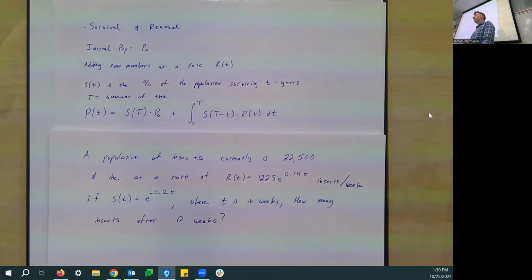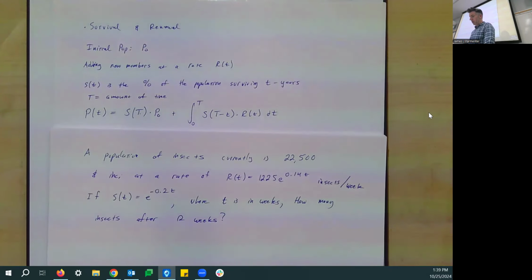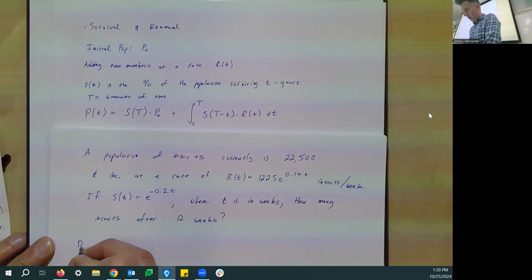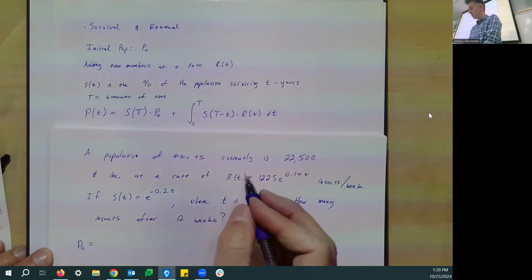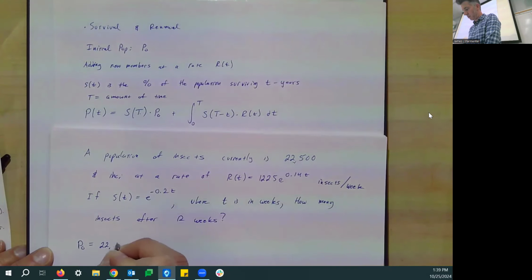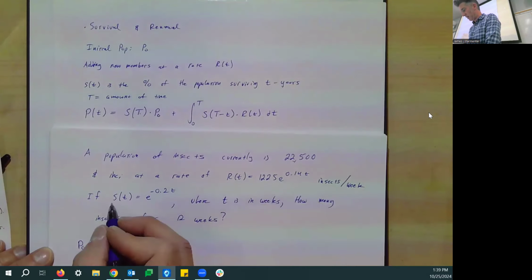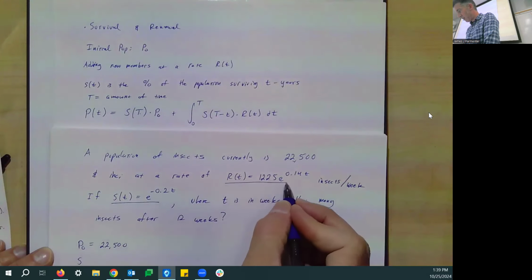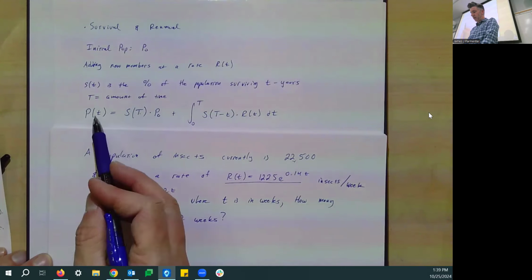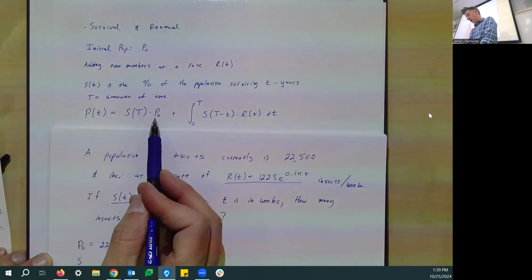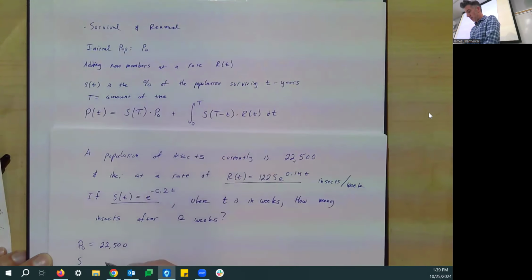So the first thing I would do after reading all this is write down what these things are. So I'm going to say P naught, my initial population, is 22,500. S of little t, well, they told me what S of t is, so I probably don't need to write these down again because they're right there. But what else do I need? I need capital T. So capital T is the amount of time, which is 12 weeks.